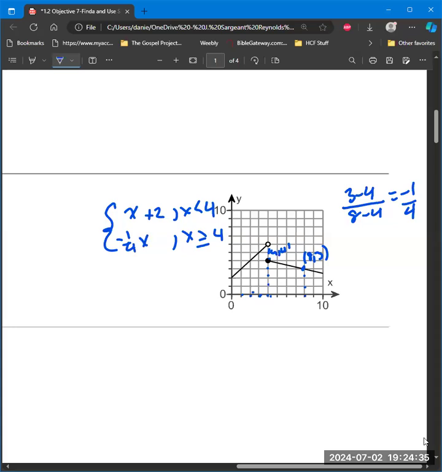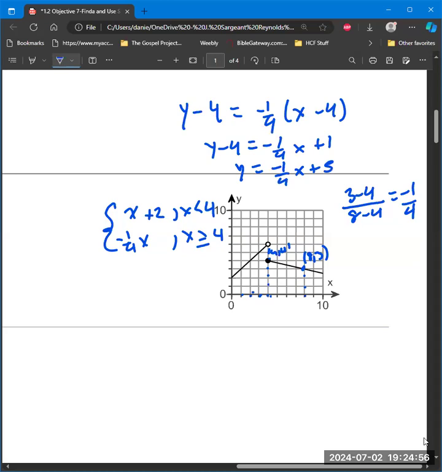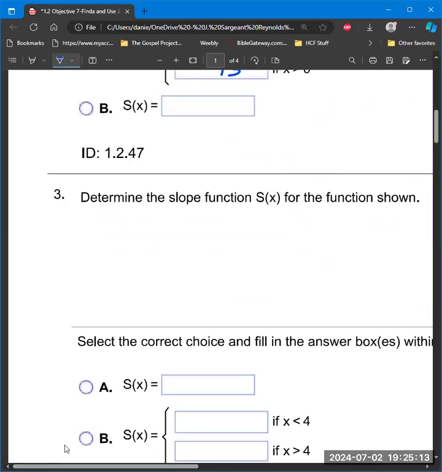And then this one, y equals negative 1/4x plus 5. We would just carry this on up, it would have had a y-intercept of 5 right there. So that means that our slopes here are 1 and negative 1/4.